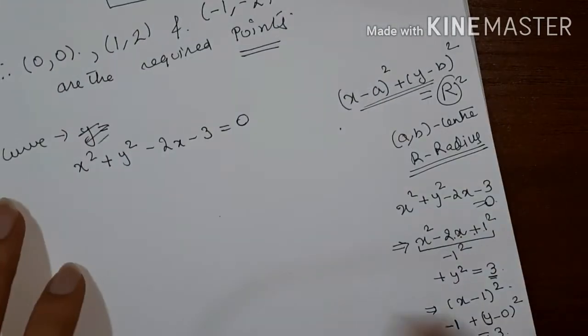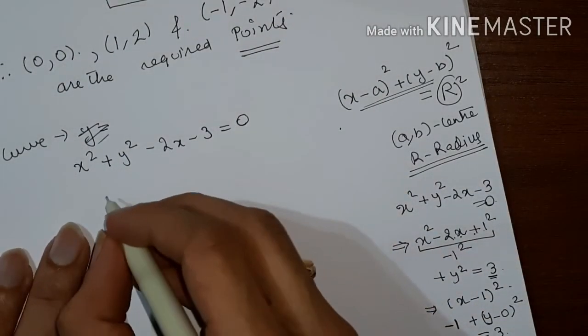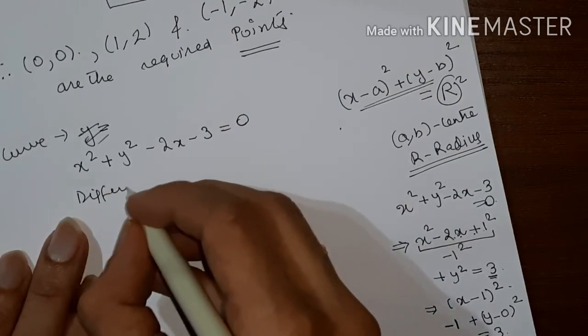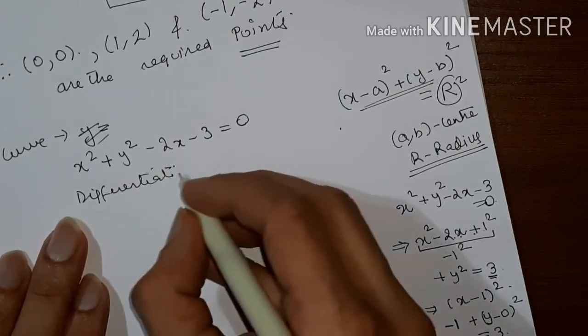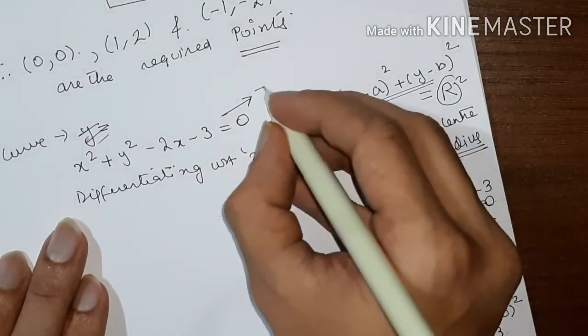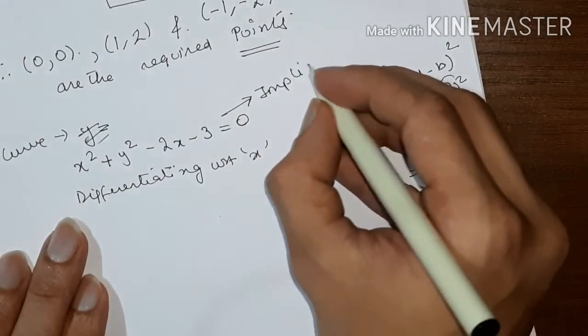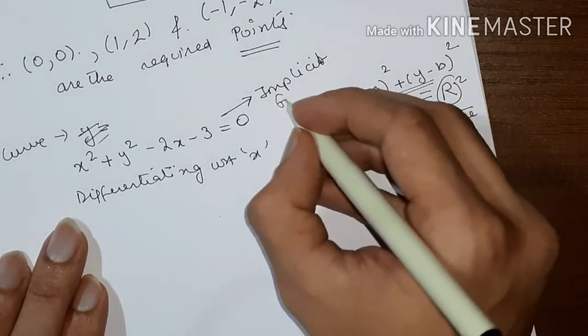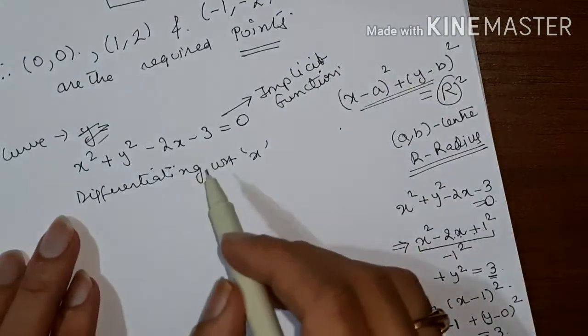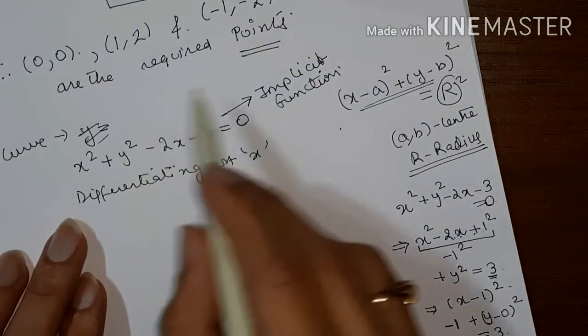Now if we differentiate this with respect to x, one more thing you have to know is that this function here is nothing but an implicit function. You cannot write y in terms of x.